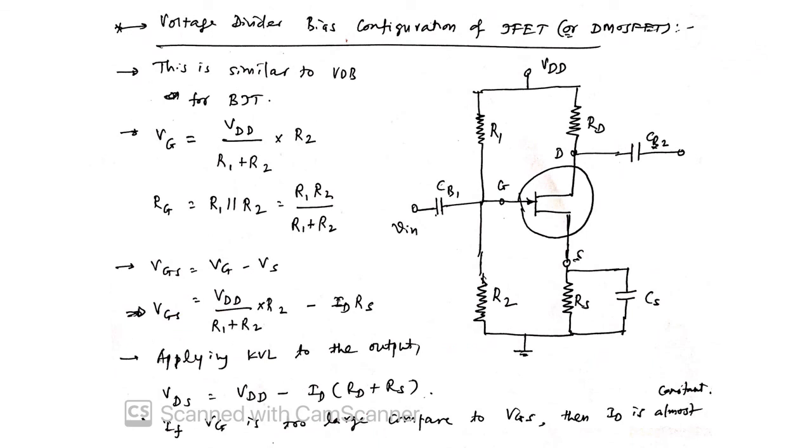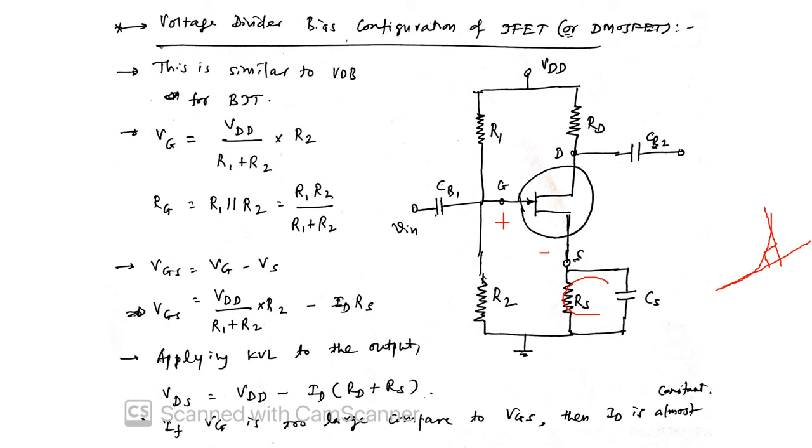That means this VGS voltage is not constant. VGS is the biasing requirement. If I show this curve here, suppose we have fixed the IDSQ, the corresponding VGSQ should be provided by RS and R1, R2.